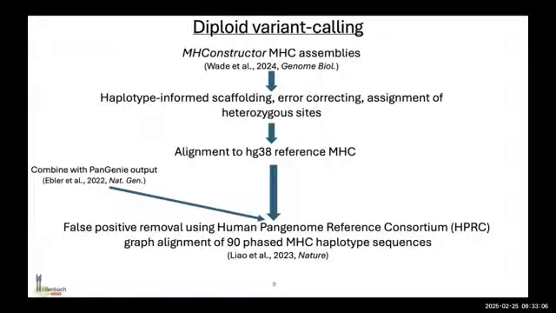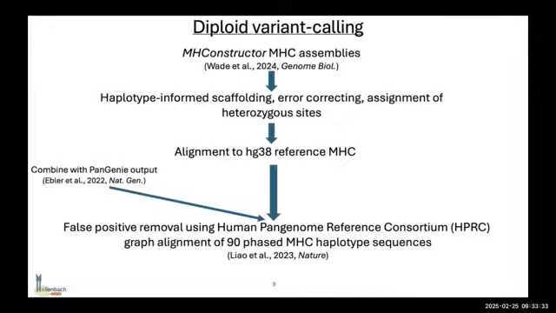So, as we just heard about from Stephan, it is not a trivial task assembling and interpreting variation, even less so with short read data. And so to that end, the first half of my work with Jill was developing a de novo short read assembly method called MH Constructor to assemble short read data in a reference-free manner.